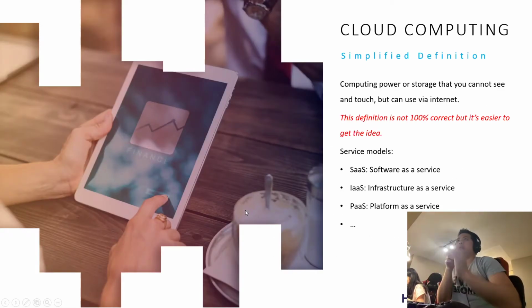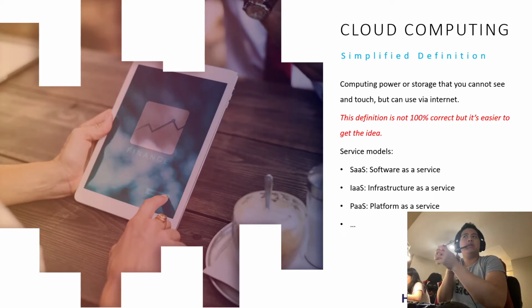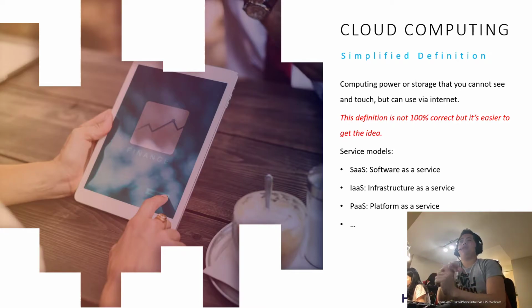So here are some simplified definitions that I just made up. This is not 100% correct, but it's easier for you to get the idea. So cloud computing or cloud storage is something that you cannot see and touch, but you can use it via the internet. They offer some service models such as software as a service, infrastructure as a service, or platform as a service.